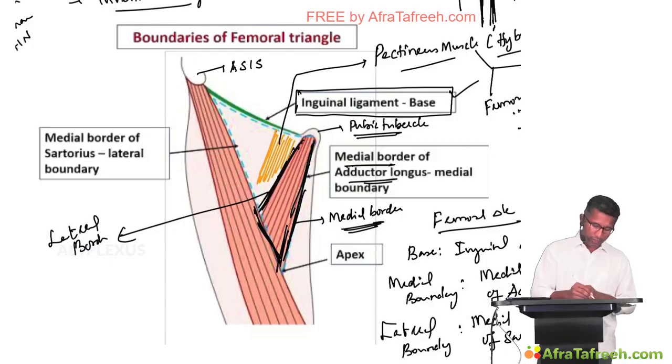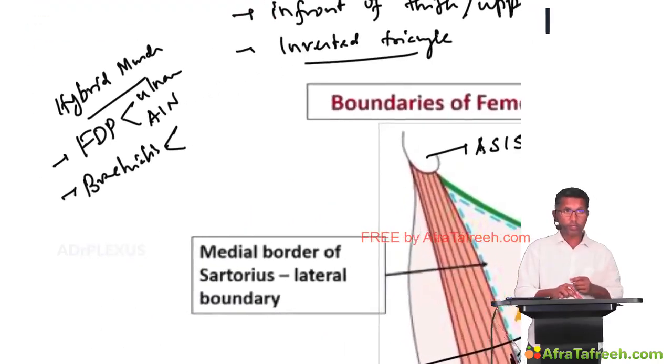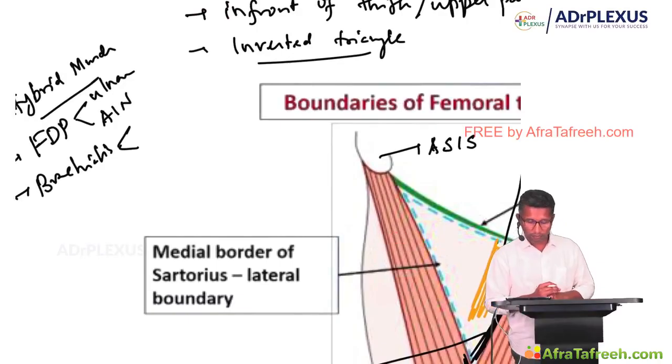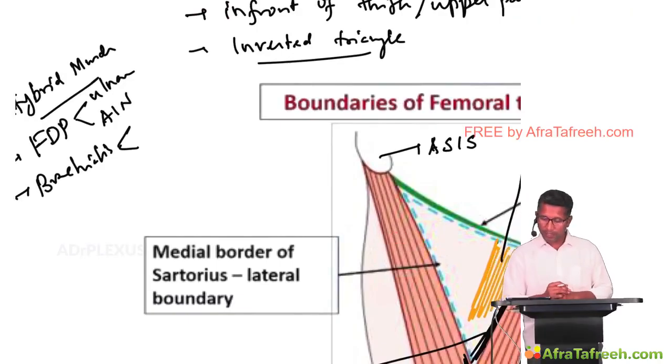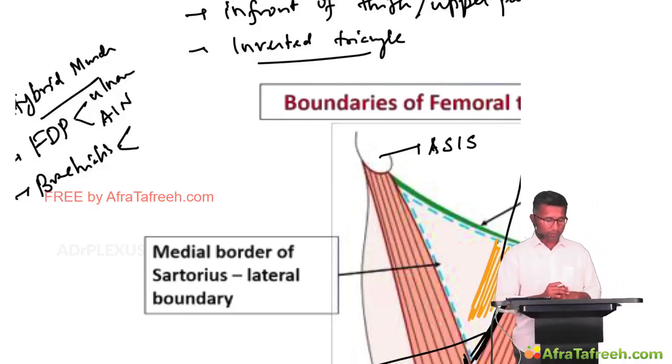Similarly, you have another muscle called brachialis. I think now it is clear. So we are talking about hybrid muscles. The brachialis muscle is again a hybrid muscle.